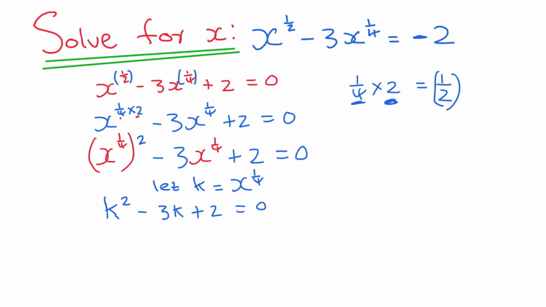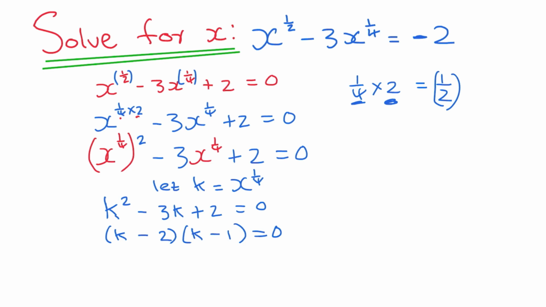Come on, guys, you can tell me that you can factorize this, right? So you're just going to factorize. What are the factors of K squared? It's K times K. Factors of 2: 2 and 1, right? And because the middle term is negative, both of them will be negative since the last term is positive.